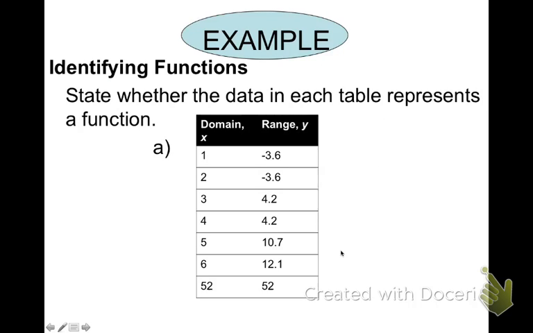All right, so let's look at some examples. Here's a table of values. So just make a quick XY table. Under your x coordinates, you have the points 1, 2, 3, 4, 5, 6, and then 52 in there for fun measure.